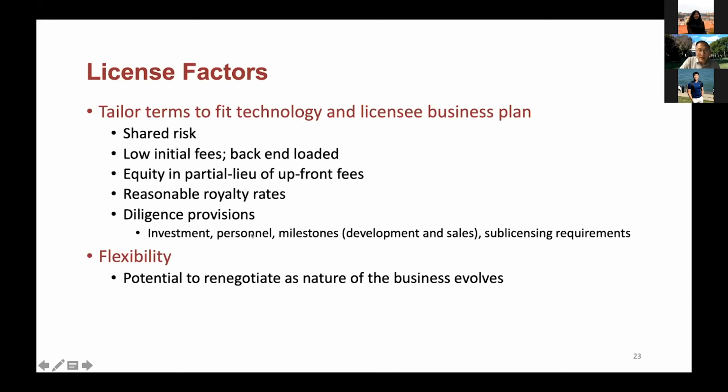That means investment, personnel, milestones, and sublicense requirements. And also flexibility is important. That means a potential to renegotiate as the nature of the business evolves. Well, it is good for entrepreneurs to know this is a common practice also.